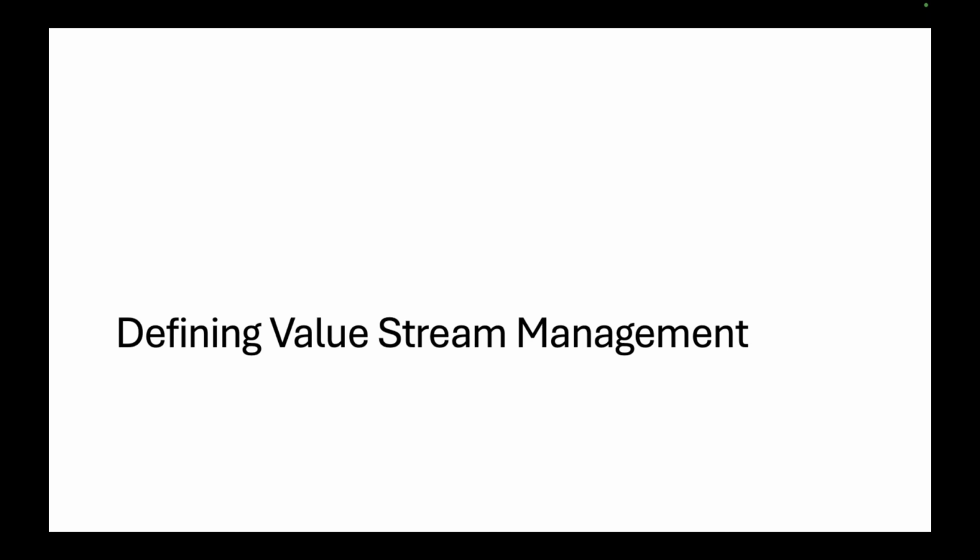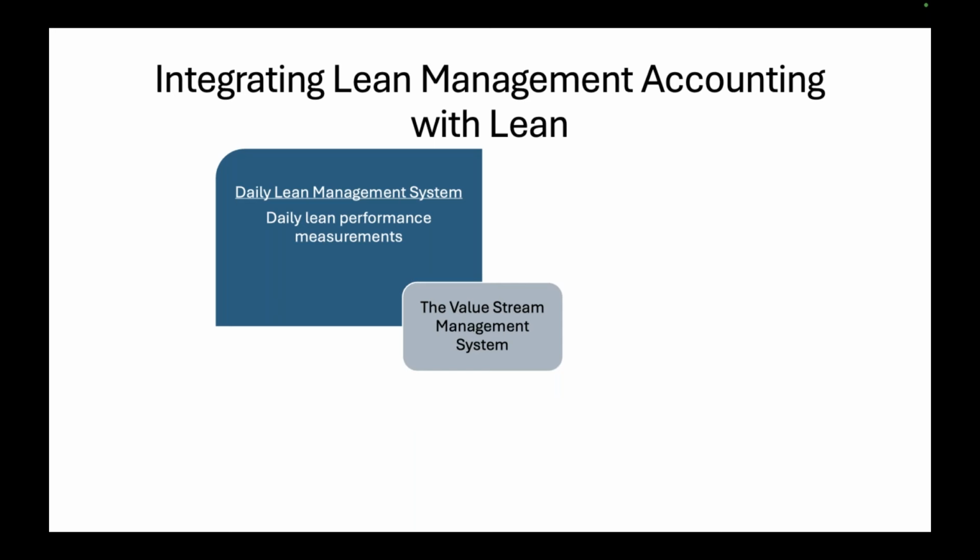So how does lean accounting integrate with this? If you think about daily lean management, what comes out of lean accounting are the daily lean performance measurements. They need to be integrated and used to help measure stability and control. Now, this also means that accounting and finance need to understand this.